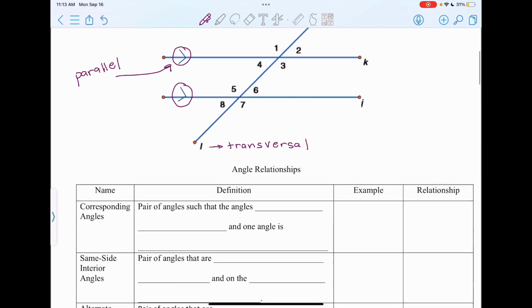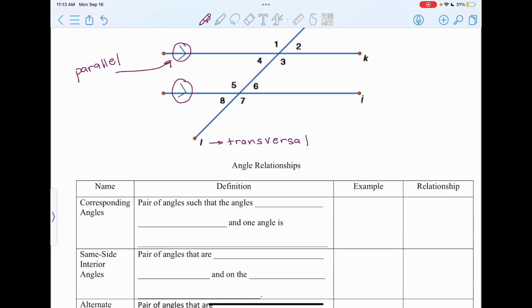So the first pair is called corresponding angles. Corresponding angles are a pair of angles such that the angles are on the same side of the transversal, and one angle is between the two parallel lines.